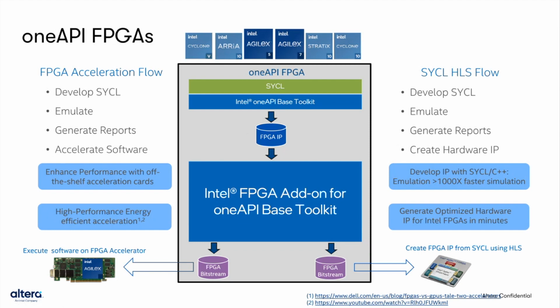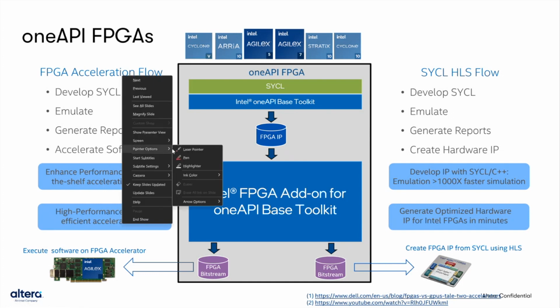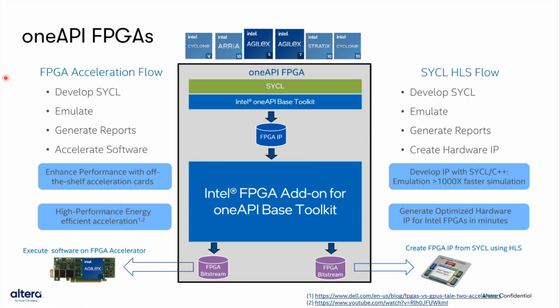So oneAPI is a flow for accelerating our software code. There are two flows that are supported with oneAPI: the FPGA acceleration flow and the SYCL HLS flow. The FPGA acceleration flow is targeted for accelerating software.